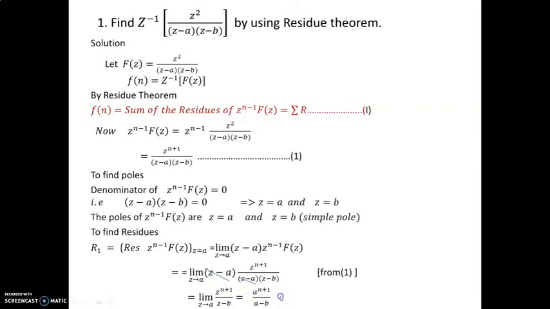Next, to find the second residue R2 depending upon the second pole z = b. So R2 equals the residue of z^(n-1) f(z) at z = b. The formula is the limit as z tends to b of (z - b) into z^(n-1) f(z).